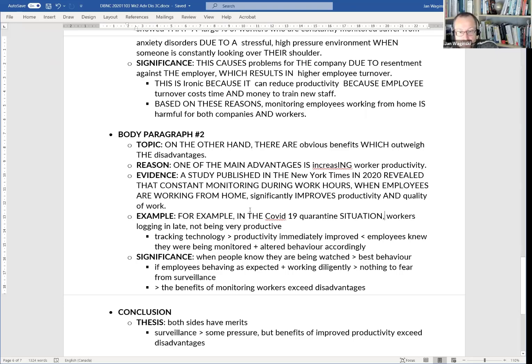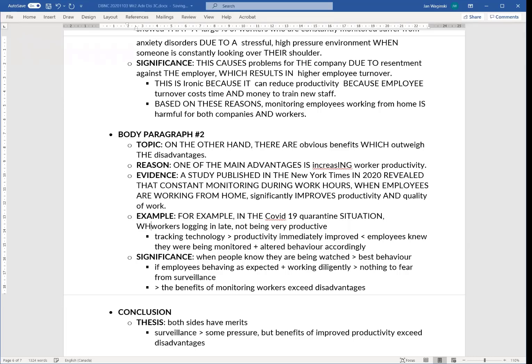So you can say, for example, just refer to a company, right? No, but I want to give a little more description about the workers, like work from home. Okay, go ahead then. For example, in the COVID-19 quarantine situation, where almost everyone is working from home.